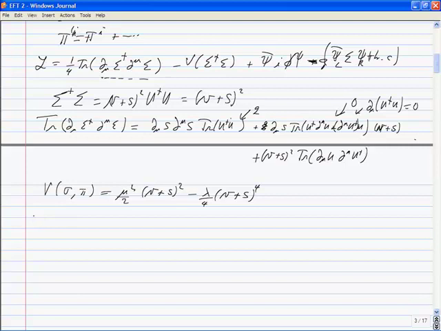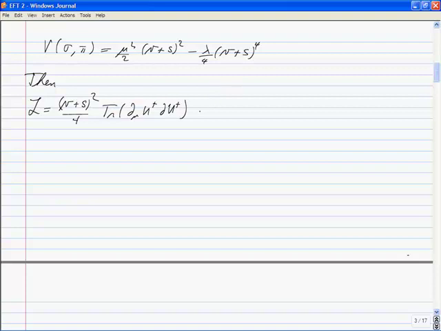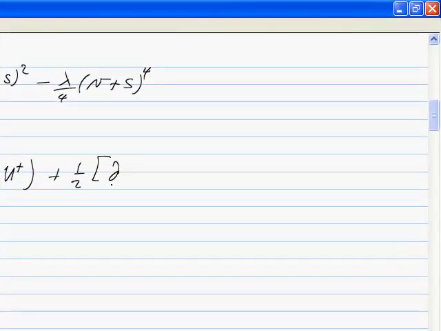So then overall, the Lagrangian is (v plus s) squared over 4 trace d mu U dagger d mu U plus 1/2 d mu s d mu s.